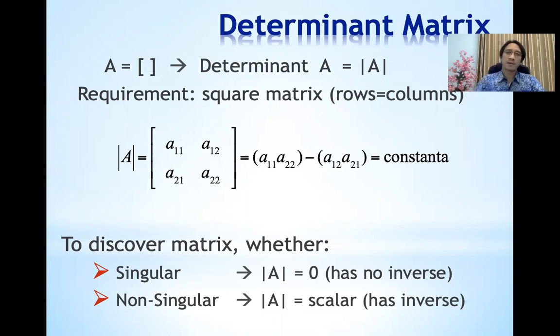The next one is about determinant matrix. Determinant matrix is written with this bracket, one straight line bracket. The requirement is square matrix, row equals column. So must be in square shape.